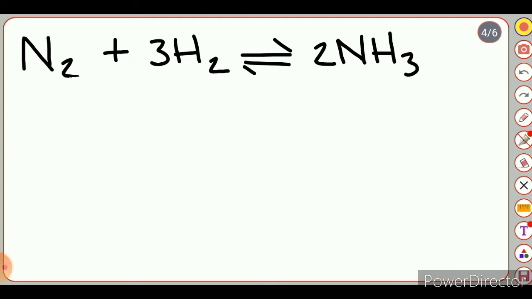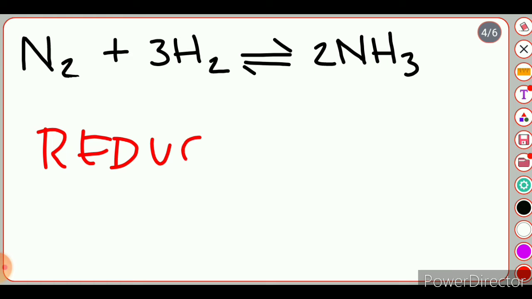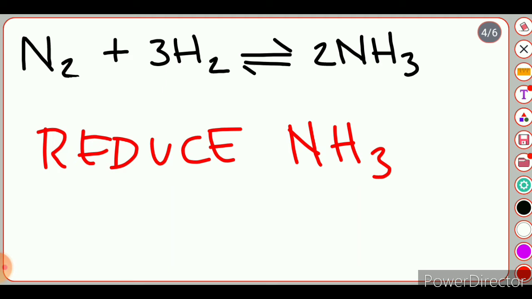Next, I am going to reduce the concentration of NH3. That is, we reduce the concentration of product. So the system will try to increase the concentration of product.